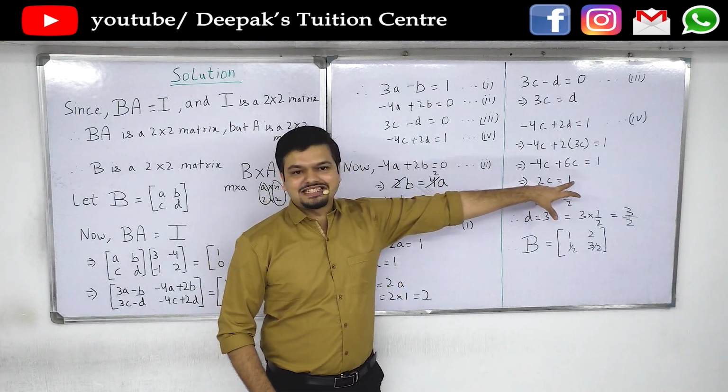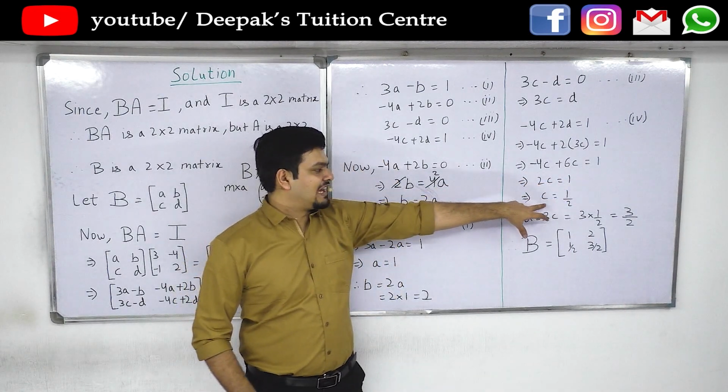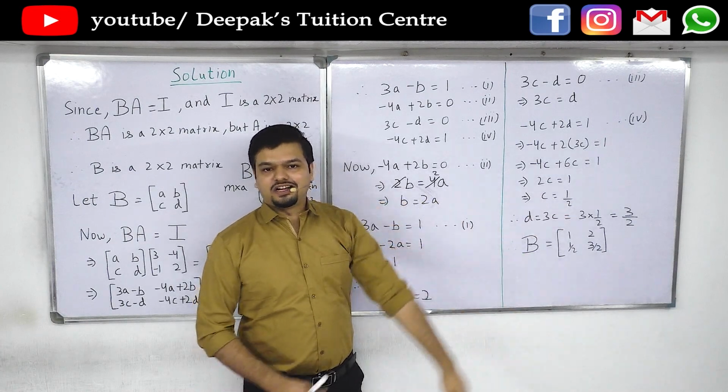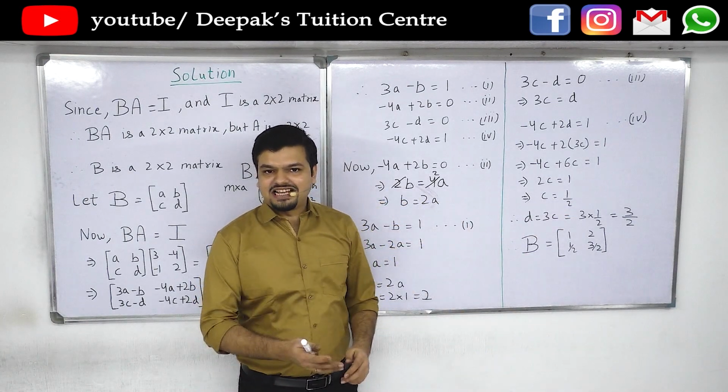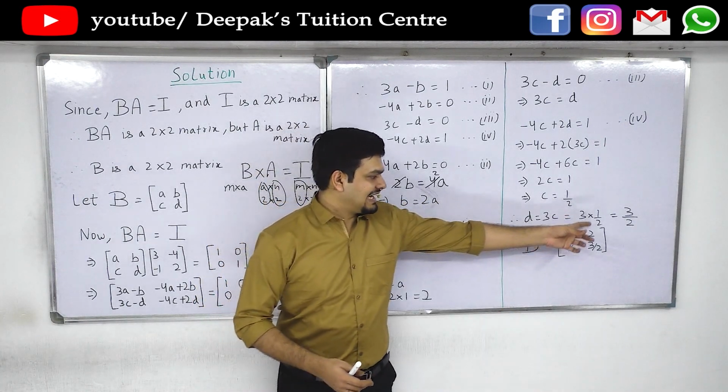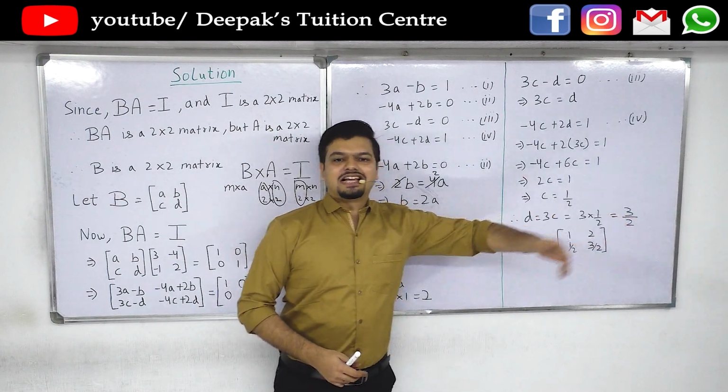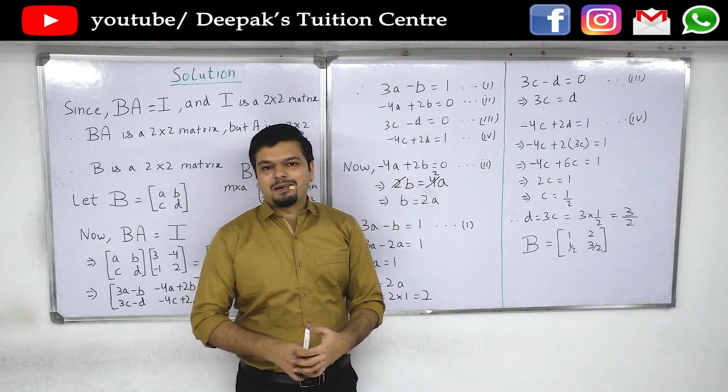That is 2C equals 1. Therefore, the value of C will be 1 by 2. Since the value of D is 3C, that is 3 into 1 by 2, the value of D will be 3 by 2.